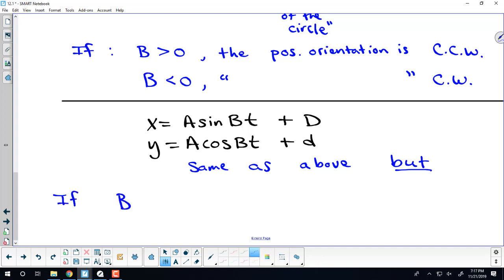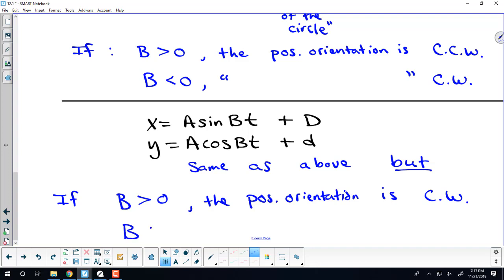If b is positive, the positive orientation is clockwise, and for b negative, it's counterclockwise.